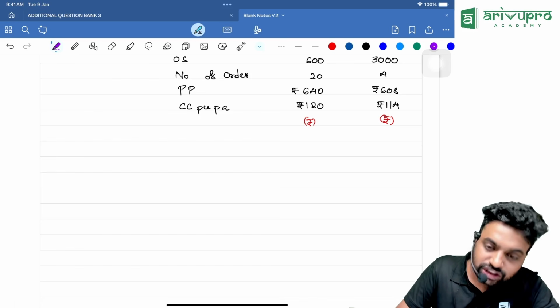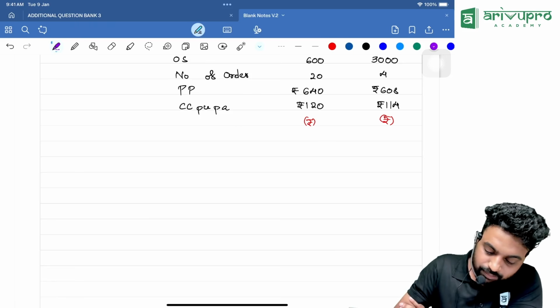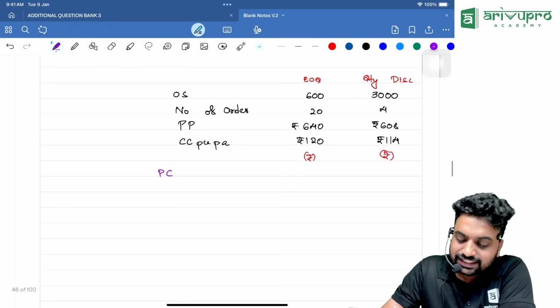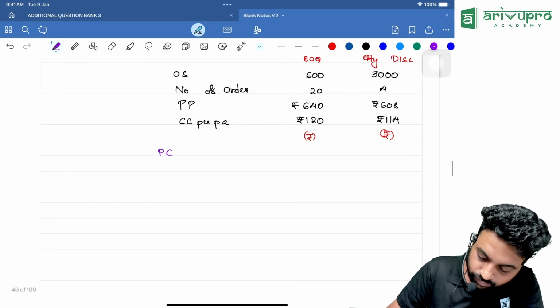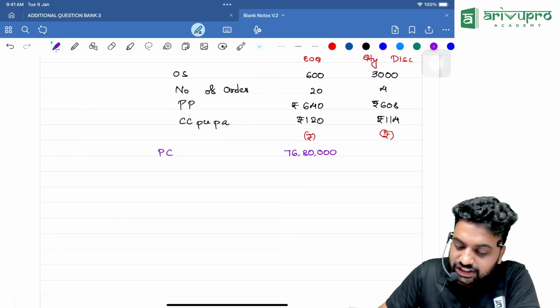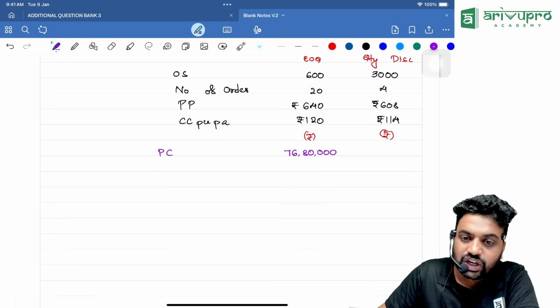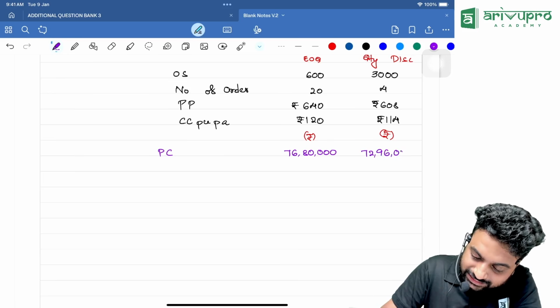So purchase cost is nothing but your annual requirement into purchase price. In the first case it is 12,000 into rupees 640, 76 lakh 80,000. In the next case it is 12,000 into 608, 72 lakh 96,000.